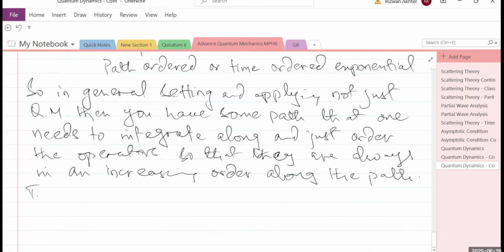So one would say this is the general solution of Schrödinger equation.